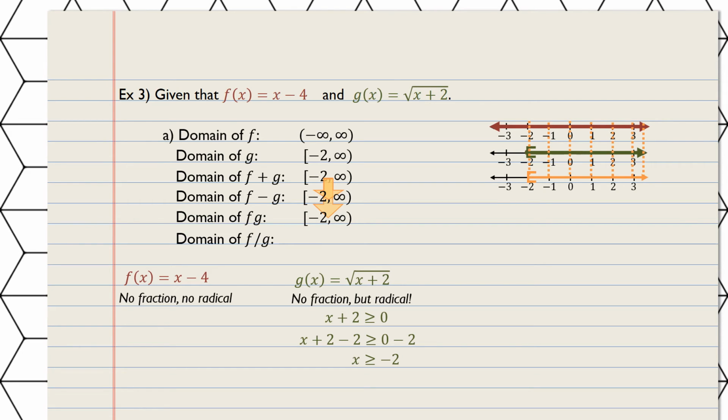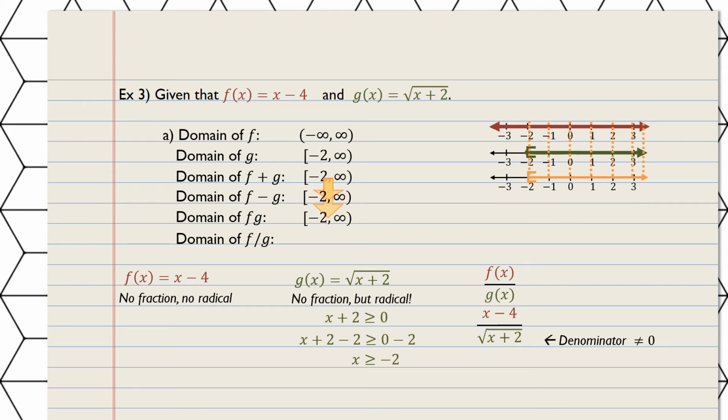The last one we're going to look at is the domain of f divided by g. Now, f divided by g is really f of x divided by g of x. And we know f of x is x minus 4, and g of x is square root x plus 2. Now this is a fraction, and because it's a fraction, we must be concerned with what part?